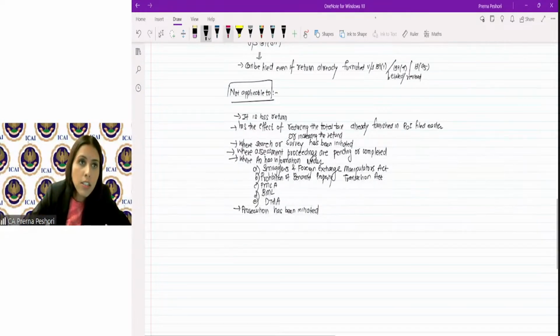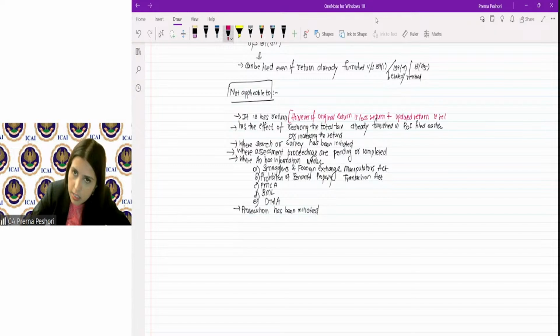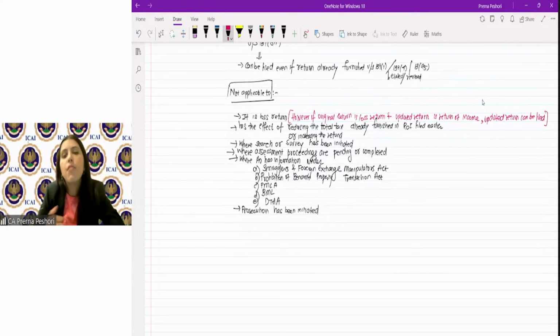So if it is a loss return, here you can write down, however, if the original return is loss return and updated return is return of income, updated return can be filed.